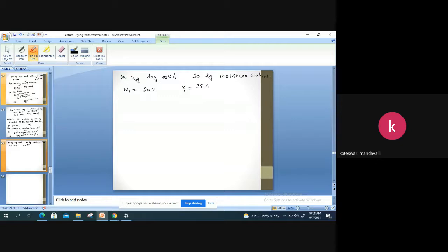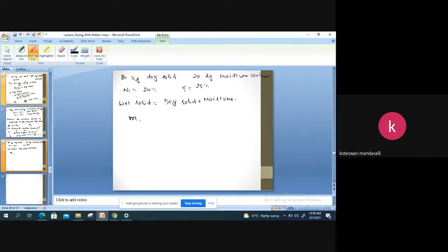Suppose wet solid, what is the meaning of wet solid? Wet solid means dry solid plus moisture. So I take the weight of wet solid as M1, the initial wet weight.